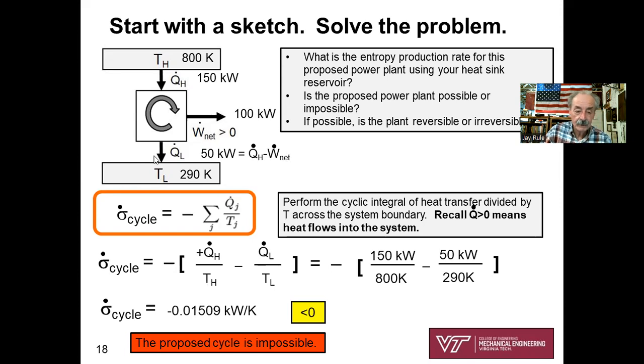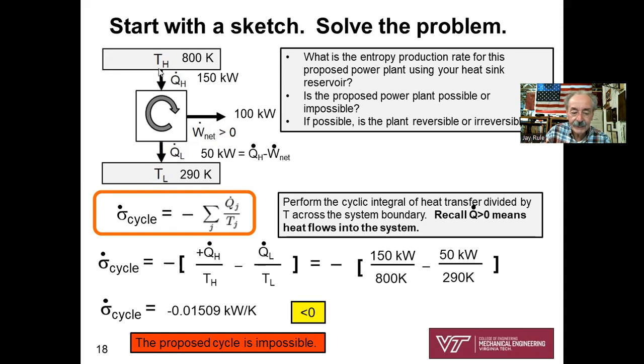Drop back down, we'll review our crash course. Sigma dot of the cycle is minus the sum of the Q dot over T's, and we see two of them. So minus, we've got two things in the brackets. You see the repetition coming in here.